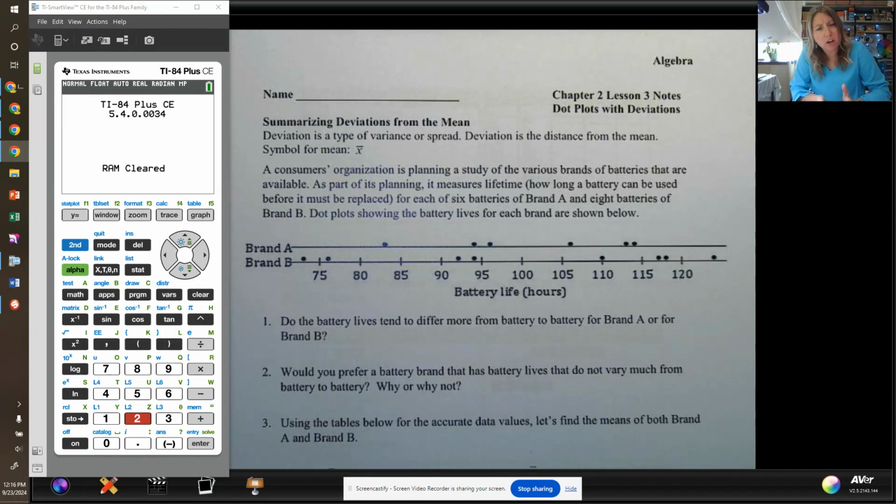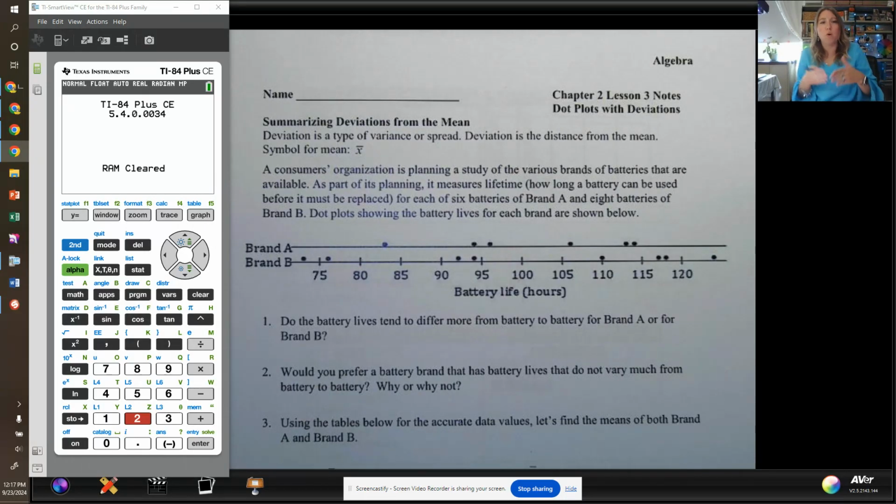And so what we're going to talk about today is the symbol for standard deviation and what a deviation from the mean is actually referencing. And how we're going to do that is we're going to look at some dot plots that are going to show us 3 different brands of batteries: brand A, brand B, and brand C. And we're going to use that data to compare what is going on in the different types of batteries.